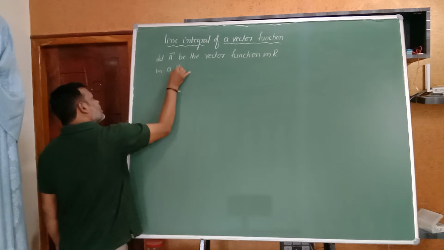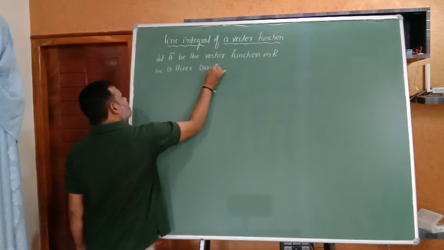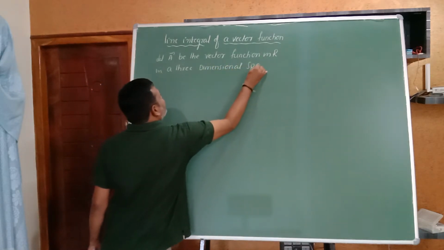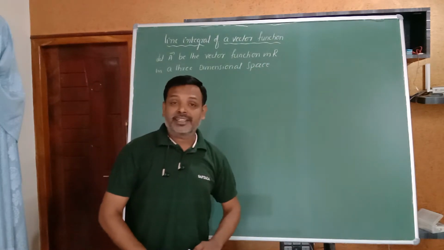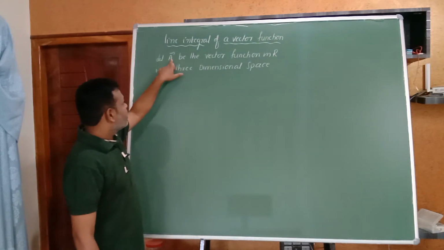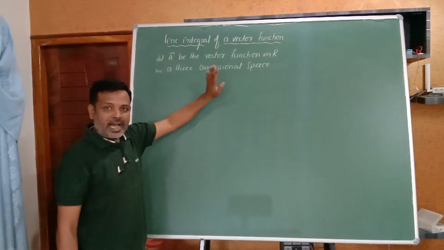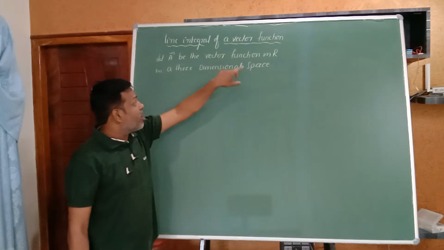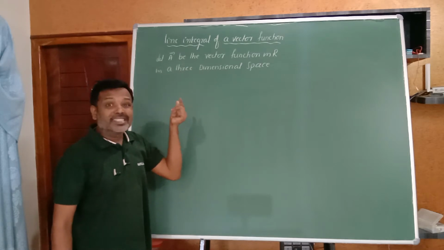Three-dimensional space means it is bounded with three axes, that is x-axis, y-axis and z-axis. So that's why this A vector is a function of the x variable, y variable and z variable. Understand once again, capital A is the vector function in R, defined in a three-dimensional space.